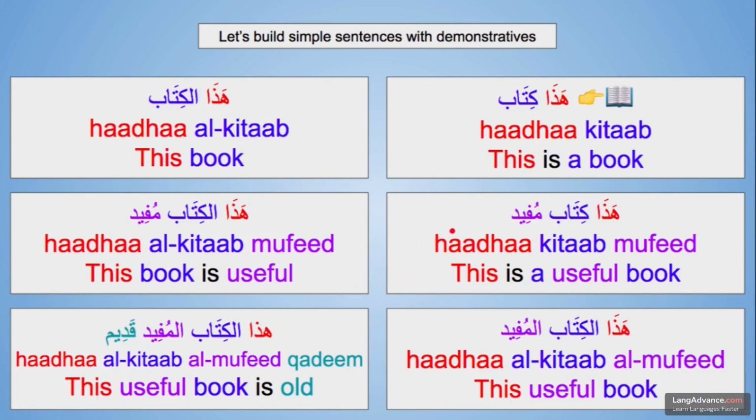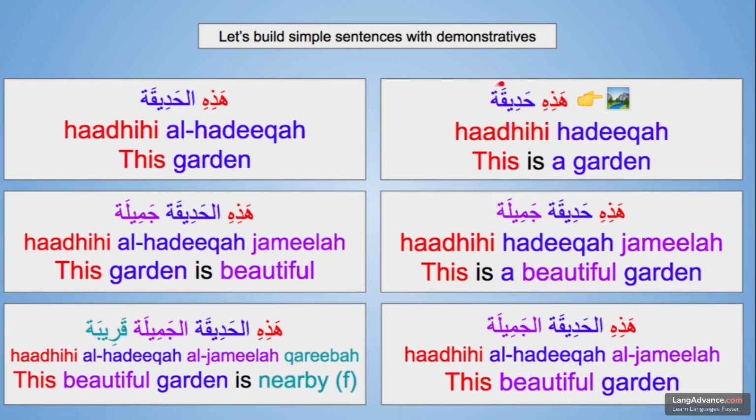So you see that you can start with a very simple two-word sentence, and then using this information about demonstratives, you can start to build more complex phrases and sentences. And same for the feminine.